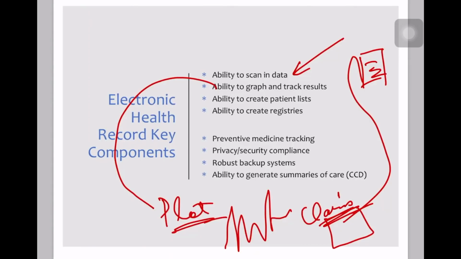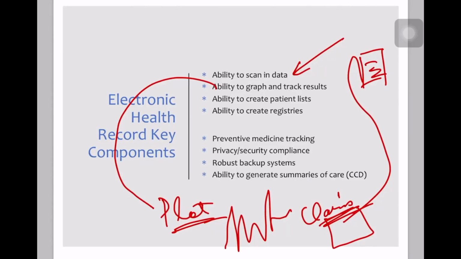Ability to create a patient list. You can create a group of people based on their disease or demographics, just to study their behavior or their recovery. Maybe you are giving one drug to one group and another drug to another group, and you are comparing based on some common factors.